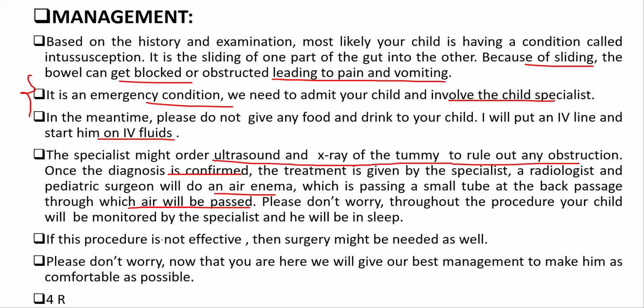Unfortunately, if this procedure is not effective, then your child might require surgery as well. I hope that the air enema will work for your child, but even if it's not, even if your child requires surgery, we have a good team of pediatric surgeons in here who are going to take care of your child.